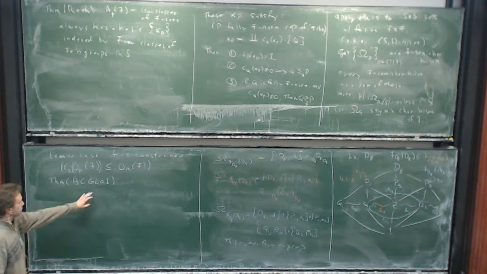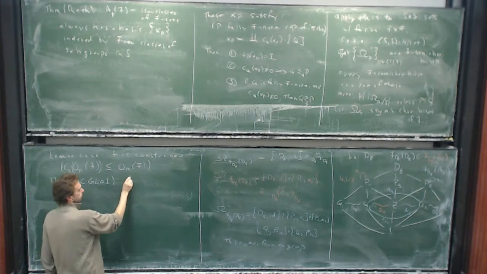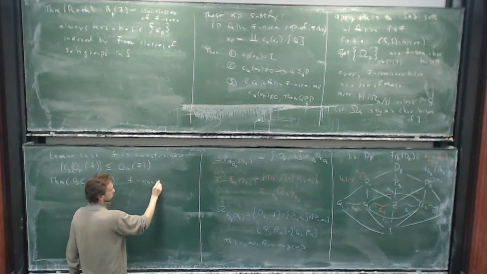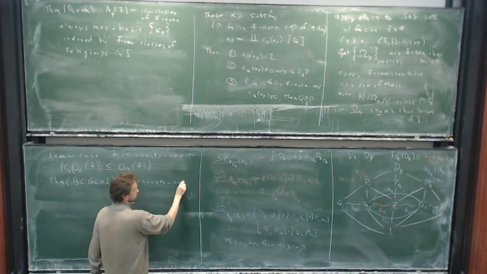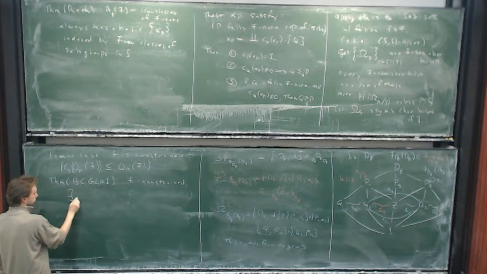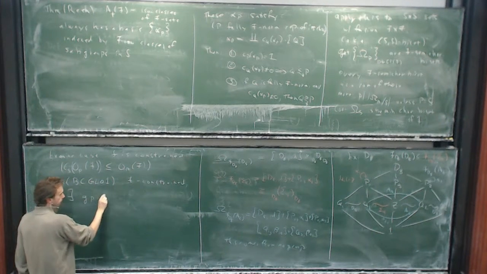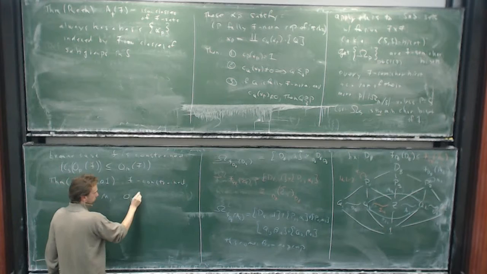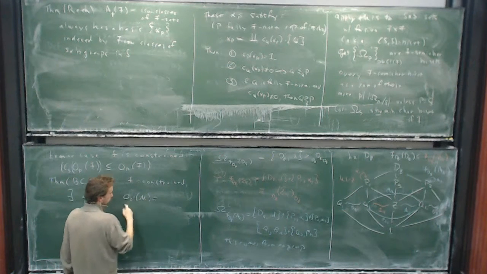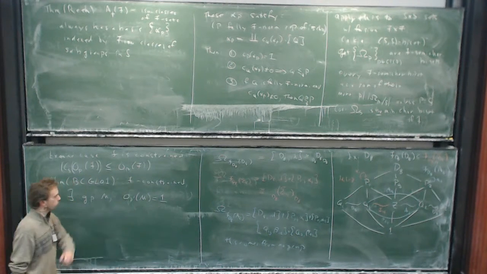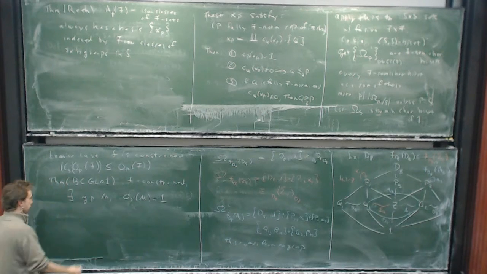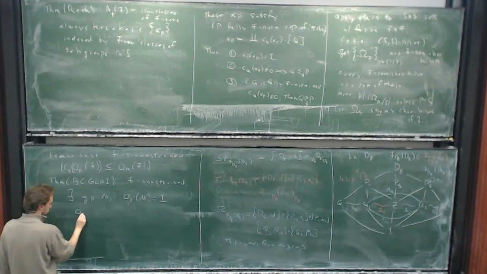Okay. It says that if F is constrained, then there exists a finite group M which is p-reduced, so it has no normal p-prime part. It's p-centric.